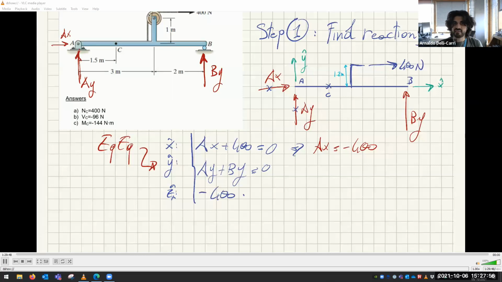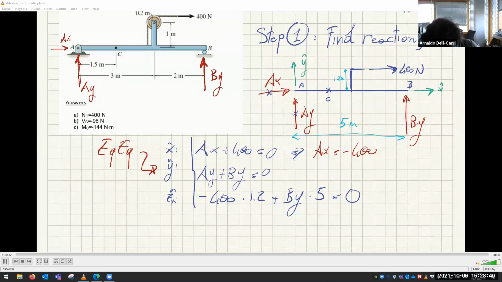The perpendicular distance between A and 400 is 1.2 meters. And BY is giving a positive moment, counterclockwise, so plus BY times this distance here. How much is this distance? 3 plus 2, so this is 5 meters. BY times 5 equals 0.